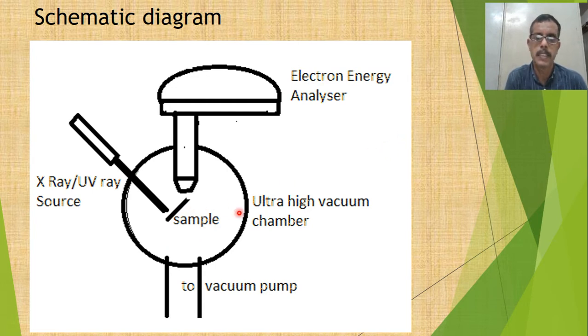This is the ultra high vacuum chamber, which is made by using a vacuum pump, and the sample is taken inside this chamber, and it is exposed to X-ray or UV light from the suitable source, and the ejected electrons are sent to the electron energy analyzer, where they are separated according to binding energy and the count is taken.